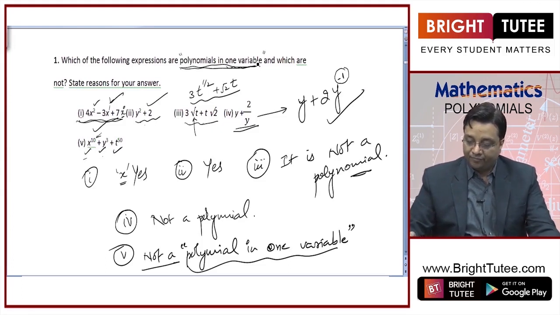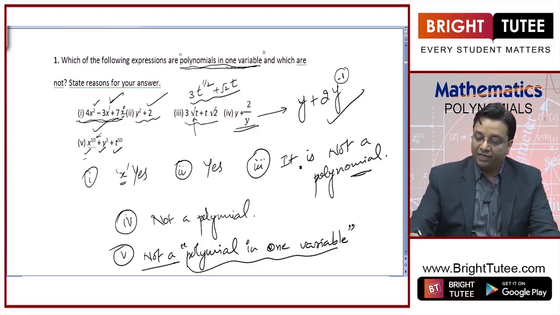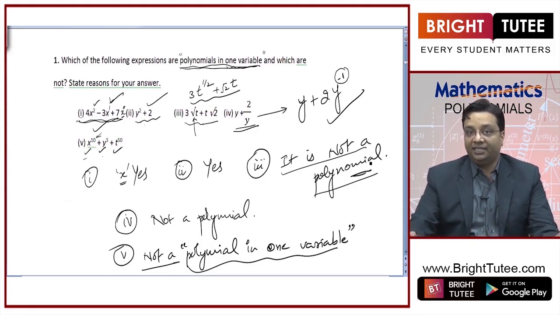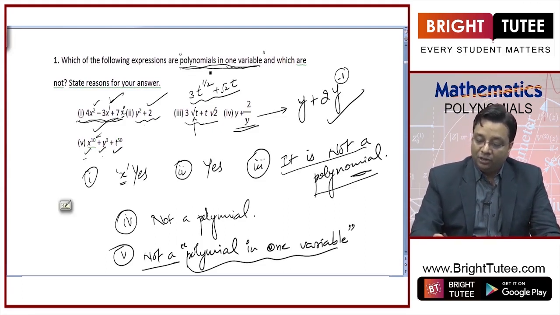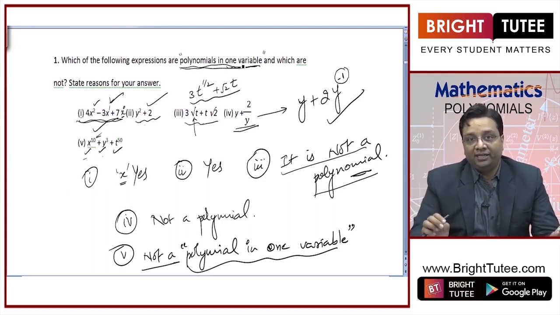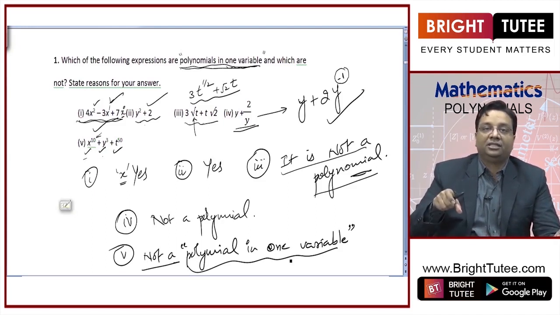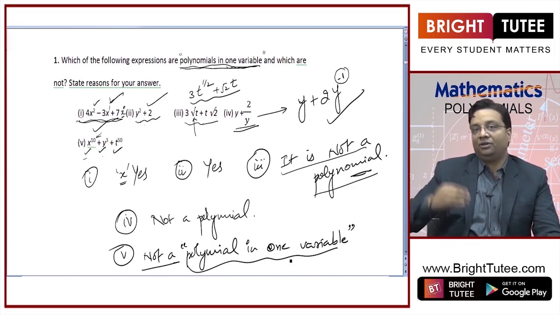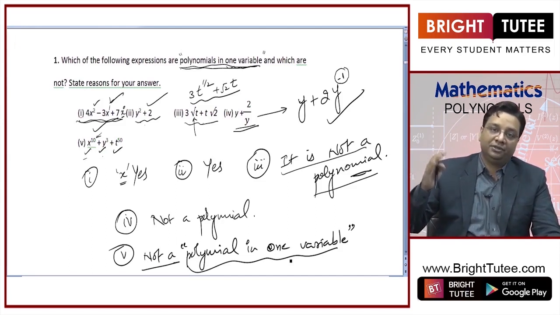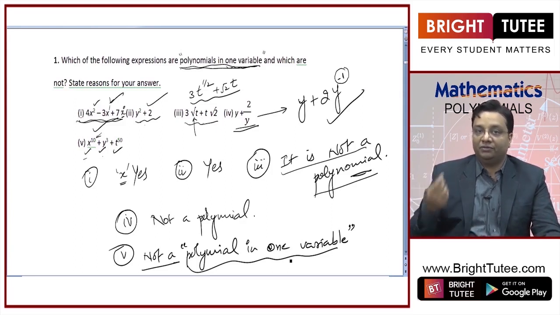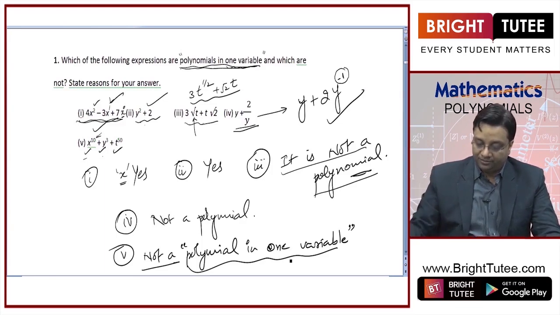Now, when I answered that it is not a polynomial, was this answer enough? Yes, this was enough, because a polynomial in one variable will be possible only if the given algebraic expression is a polynomial first. It should be a polynomial first, then we will look for the variable. If it has only one variable, then we will say it is a polynomial in one variable, otherwise it is not.